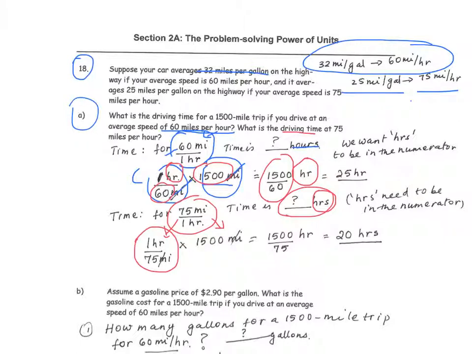By flipping the fraction, we have 1 hour over 75 miles. Now we need to somehow cancel the miles off. Since it's a 1500-mile trip, we multiply this fraction with 1500. We get rid of the miles, and that's exactly what we wanted. The units in the numerator is hours, and that becomes the unit for our final answer. We combine the numbers, 1500 in the numerator divided by 75 in the denominator, which gives us 20, and the units, which is hours.